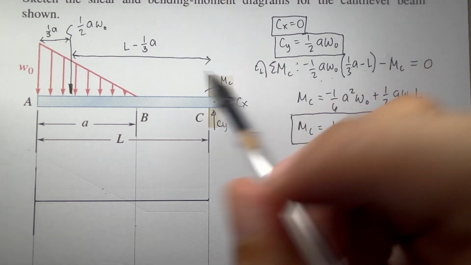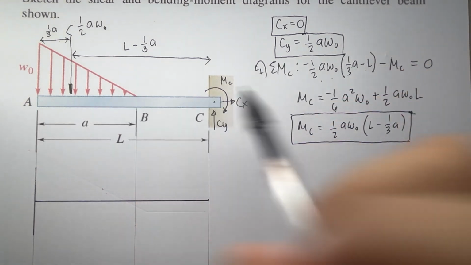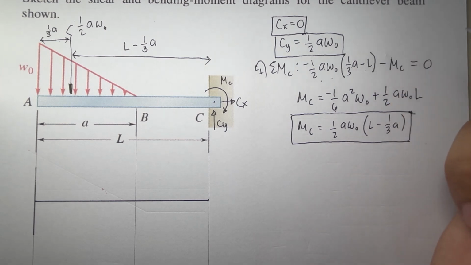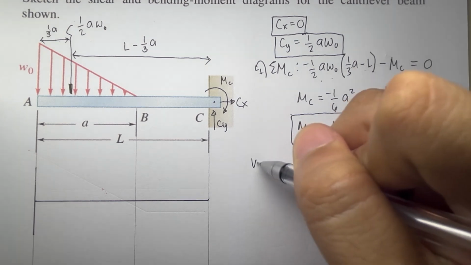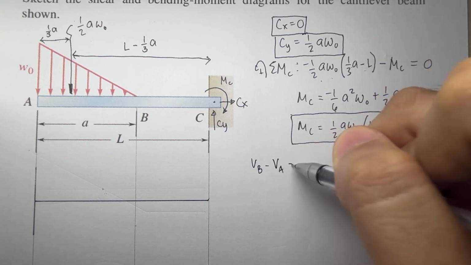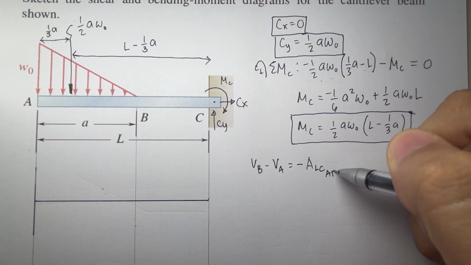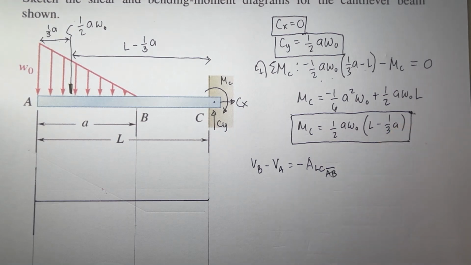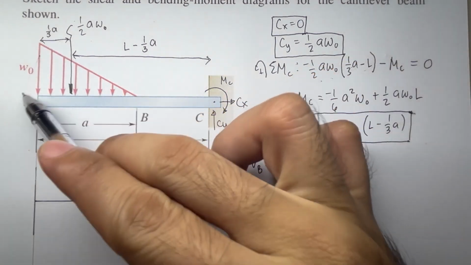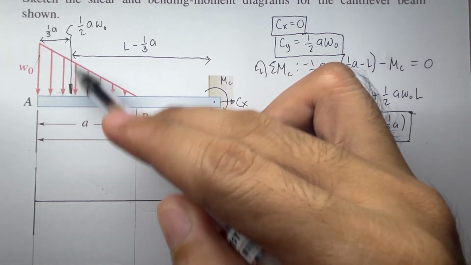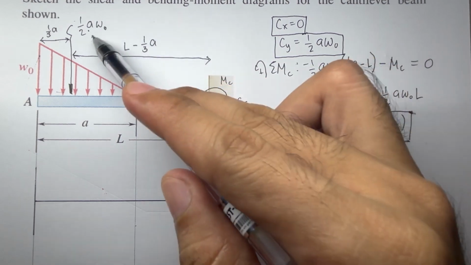In this case, we have two segments here, A to B and B to C. In drawing our shear diagram, we have VB minus VA equal to the negative area under the load curve from A to B. If we take a look at our load curve here, we have an area that is triangular and equal to 1/2 A omega naught.